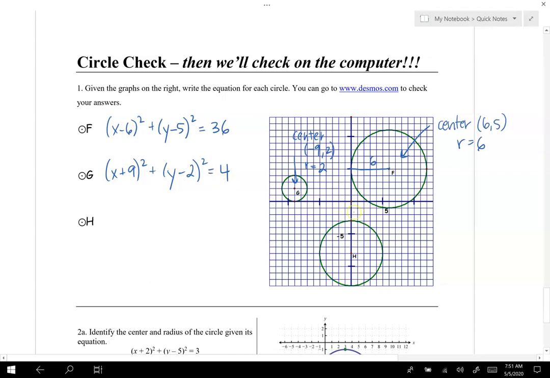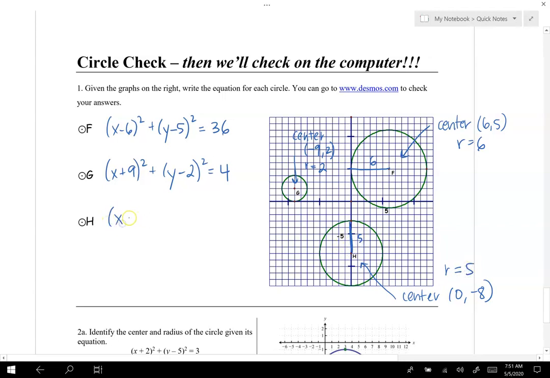And then for H, the center here is at (0, −8). You also have a radius of, let me see if I draw it, I can count it this way, a radius of 5. So I can write it two ways.